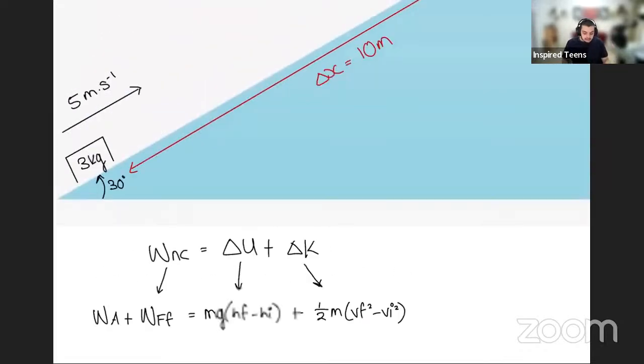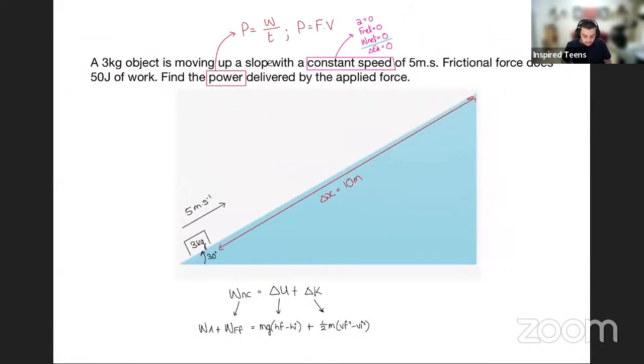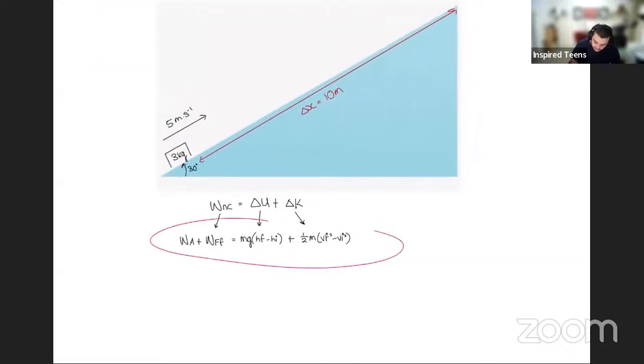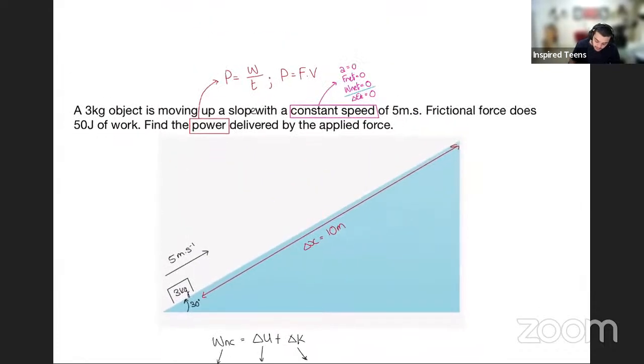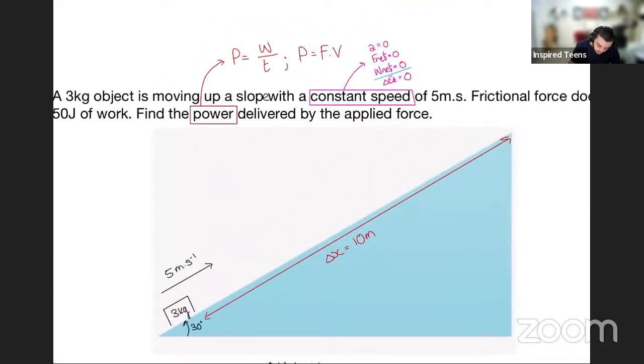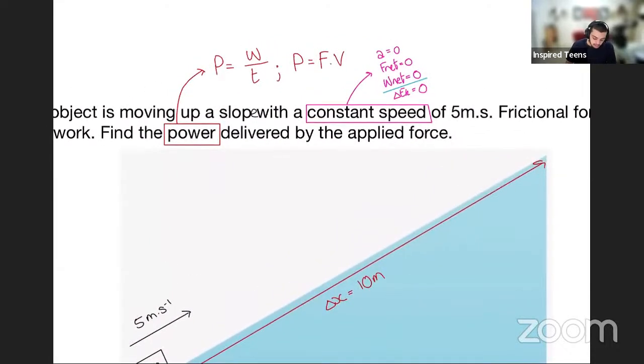So let's see, what information do we have about the applied force? We don't have any information about the applied force. In fact, in this entire formula, the unknown that we will have is the applied force. Why? Because we need to calculate the power delivered by the applied force. If you look at the power formulas, you will see that we actually need the applied force to calculate the power, because we're going to use this one.